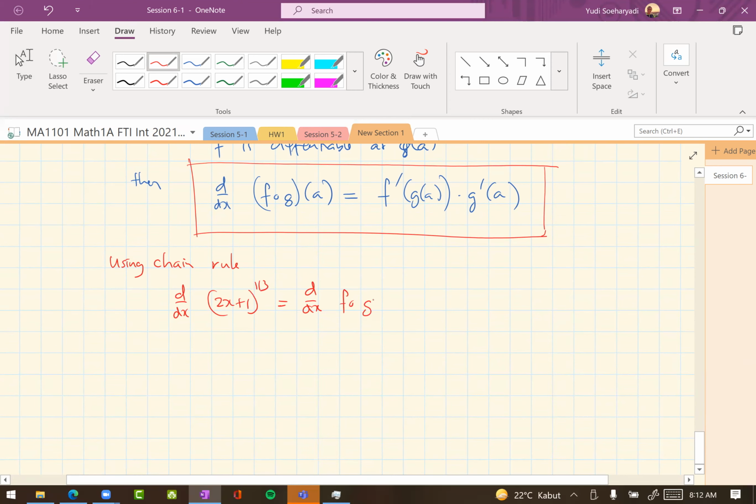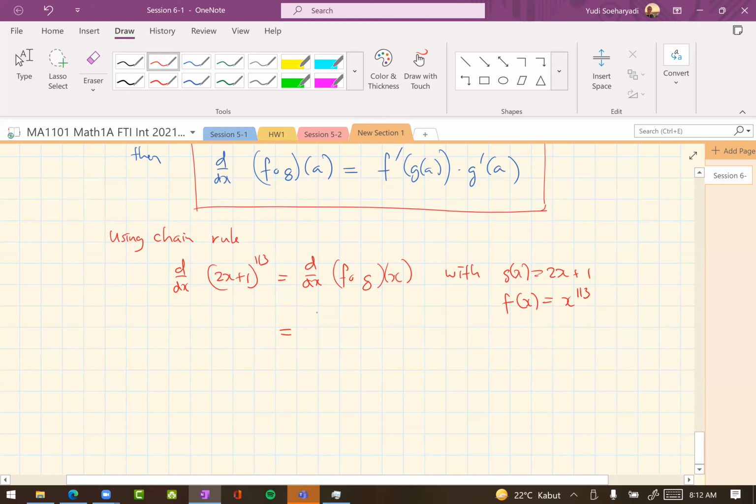We rewrite this one with g being just 2x plus 1, and f raising to the power 113.